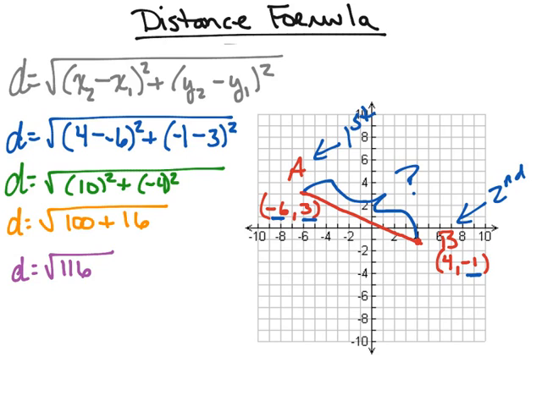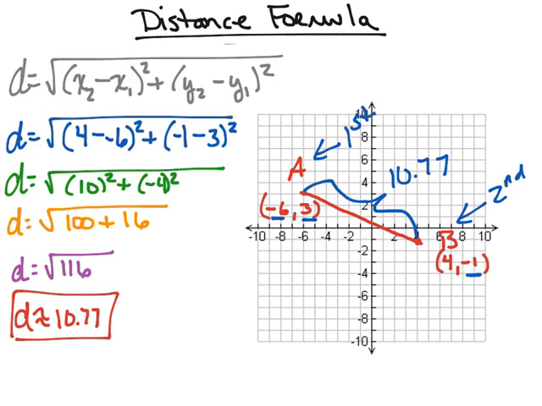And now I'm going to take the square root of 116, which is approximately 10.77. So in other words, the distance from point A to point B is approximately 10.77 units. So again, this is the distance formula.